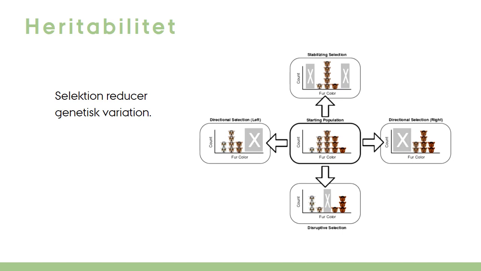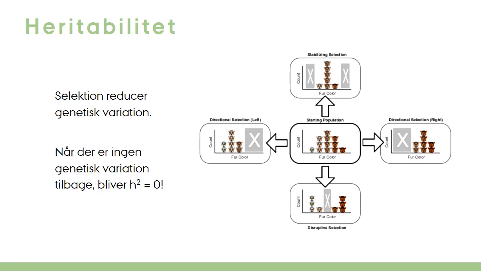But the thing is that when you reduce your allele frequency and increase another allele frequency, you're going to lose genetic variation. This means that if you select for long enough, at some point the heritability of your trait will become 0.